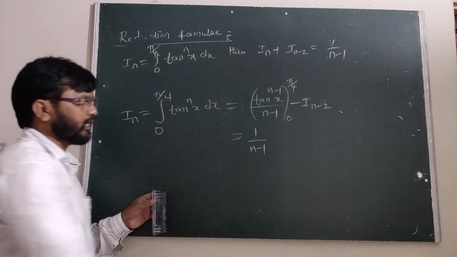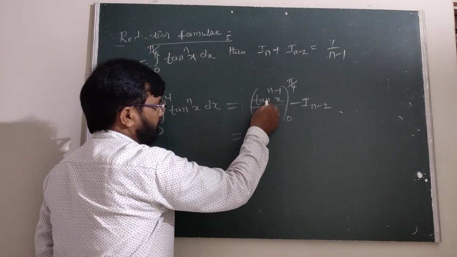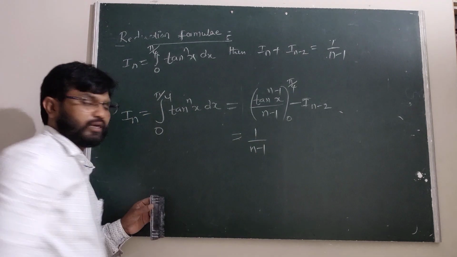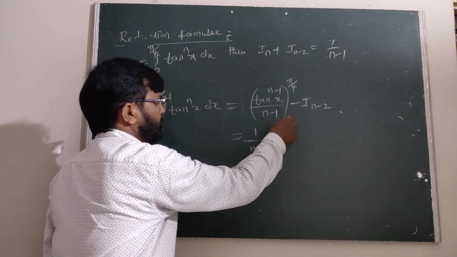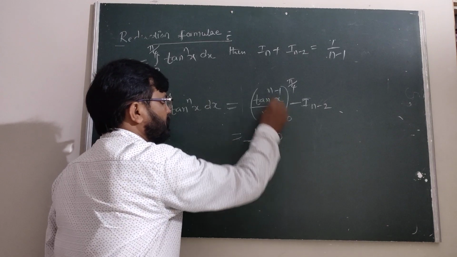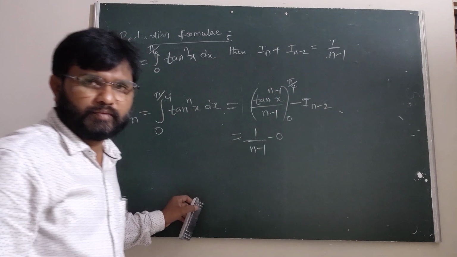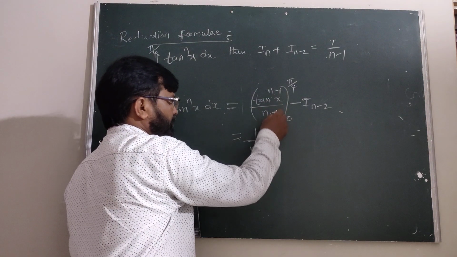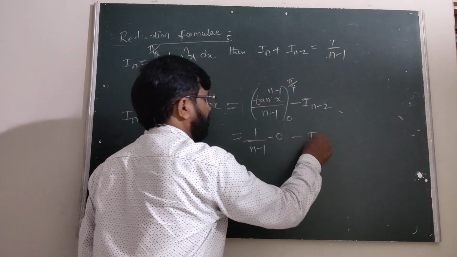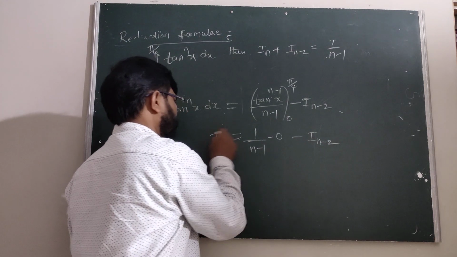Is it clear? The tan of 45 is 1, and 1 power anything is 1, whole divided by n minus 1, minus tan 0, which is 0. 0 power n minus 1 is 0, so 0 by n minus 1 is 0. This is I_(n-2).